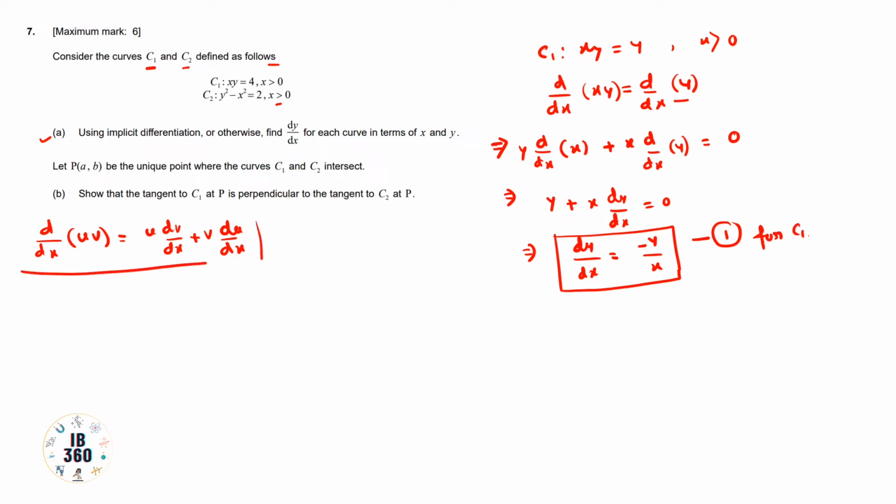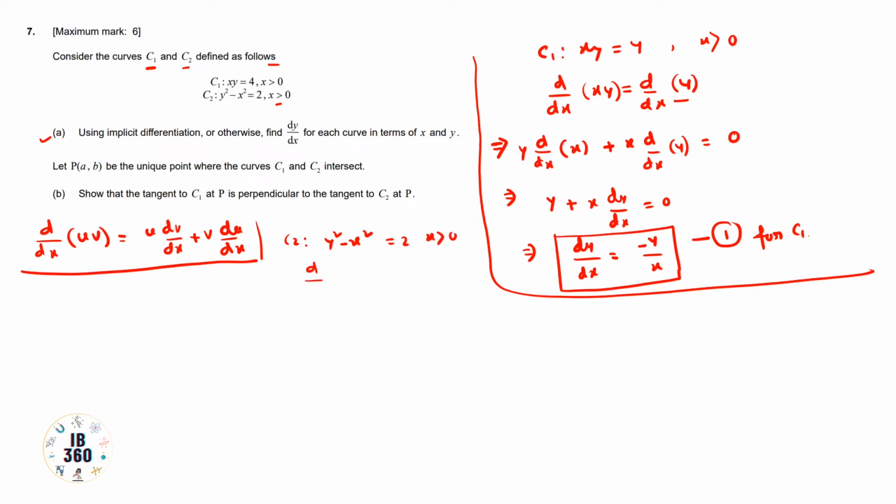Now for C2, let's do this problem. C2 is y square minus x square equals 2 where x is greater than 0. So we are getting d/dx of y square minus x square equals d/dx of 2. Now just divide the parts: d/dx of y square minus d/dx of x square equals 0, because the constant term becomes 0.